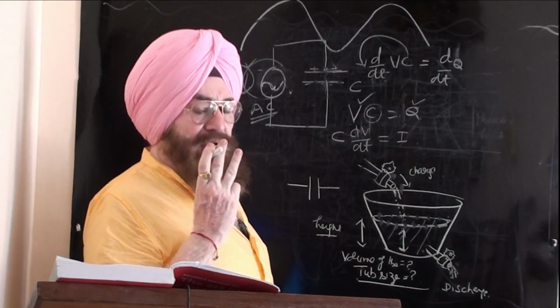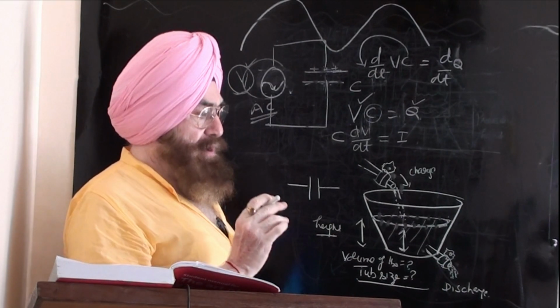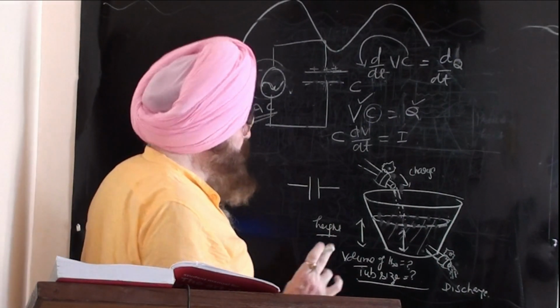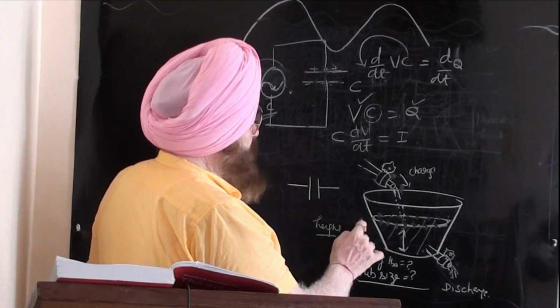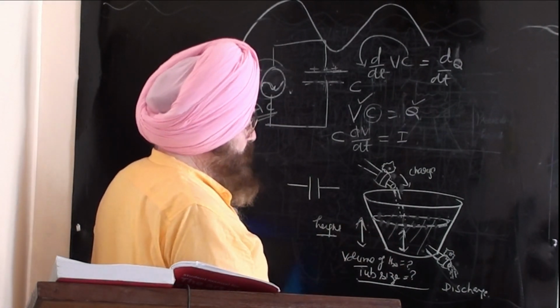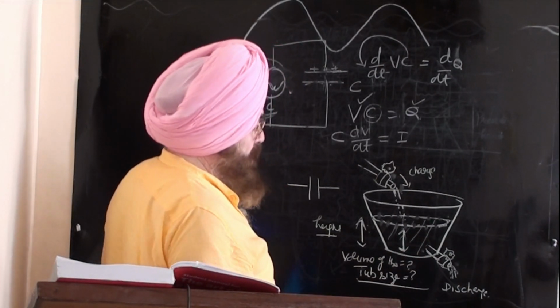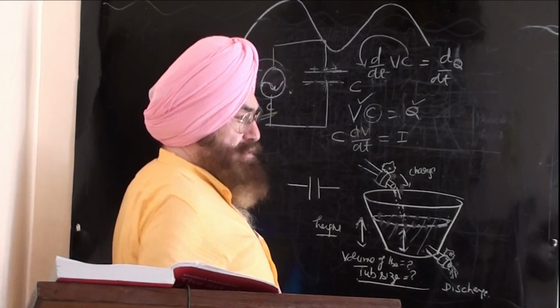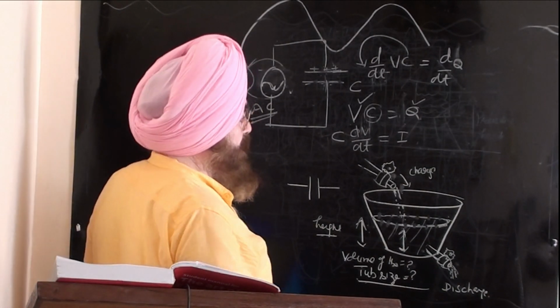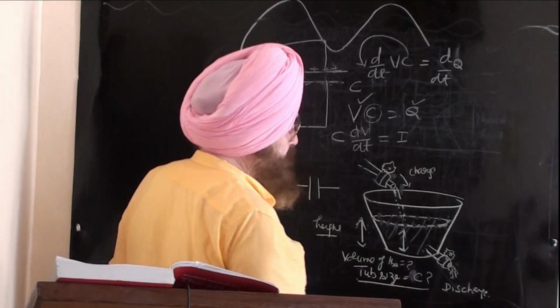and the volume of the water? Now there are three parameters which you will tell in the comments box. What do you think the height will show, and what will the volume of water show, and what about the tub size? Is the size of the tub the capacitance C?